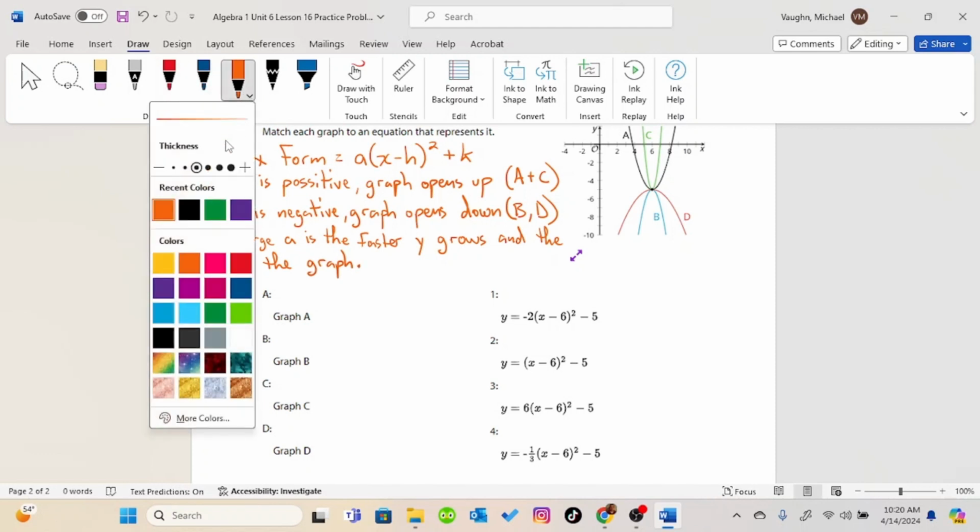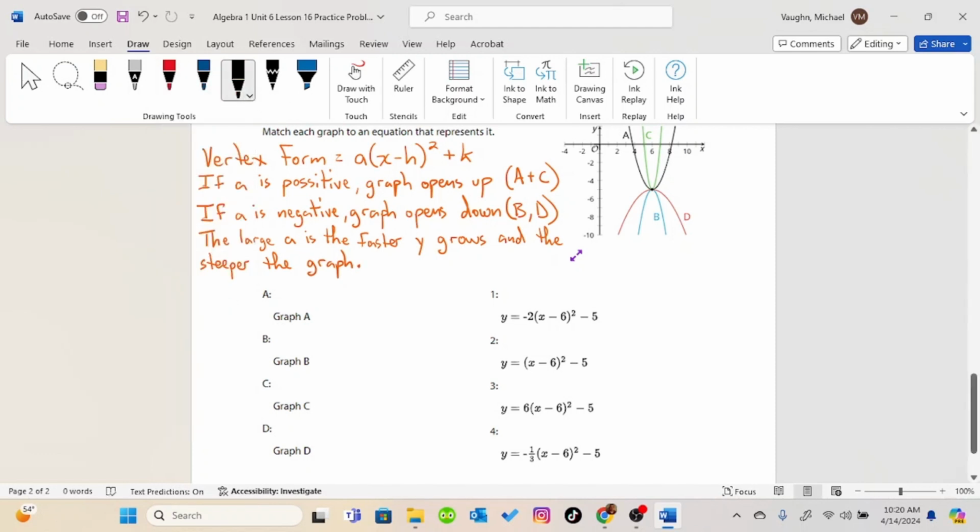So if we're looking at A and C, they open up, so a is positive.